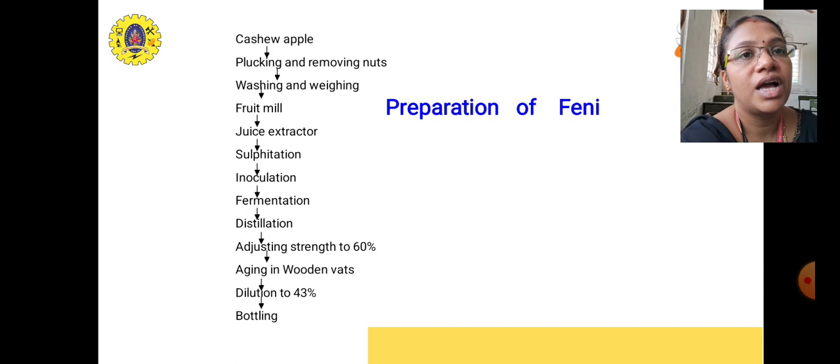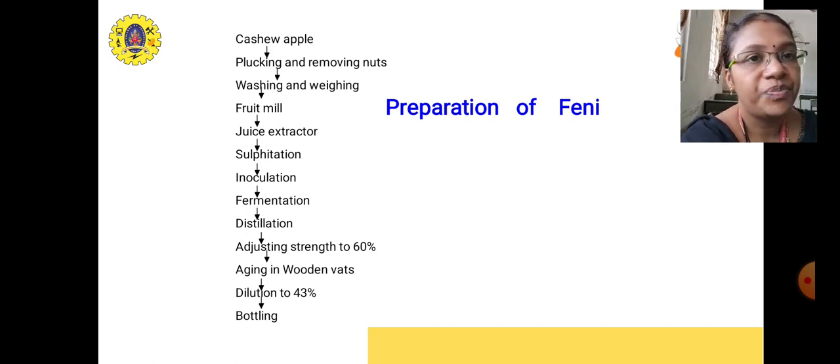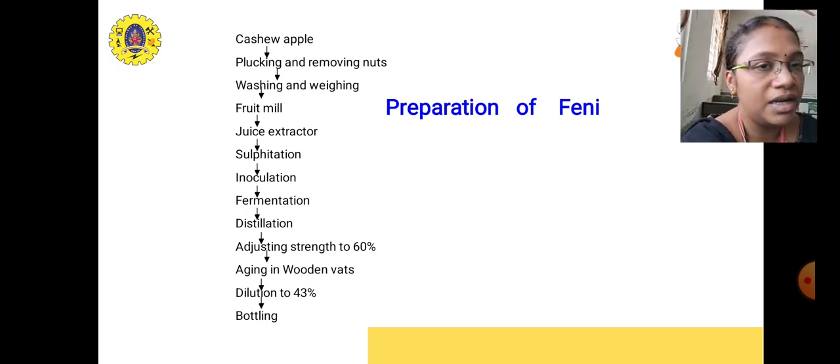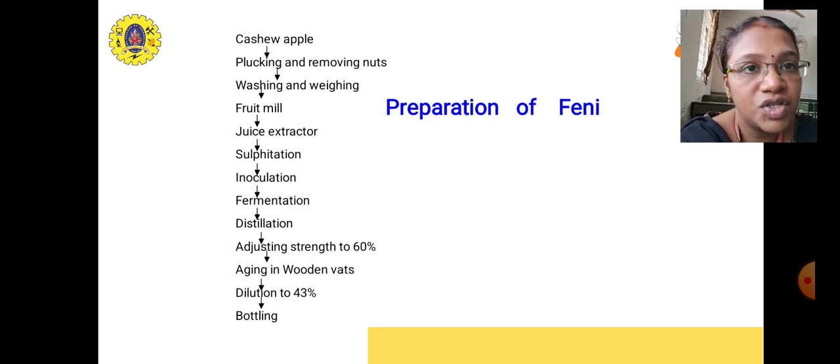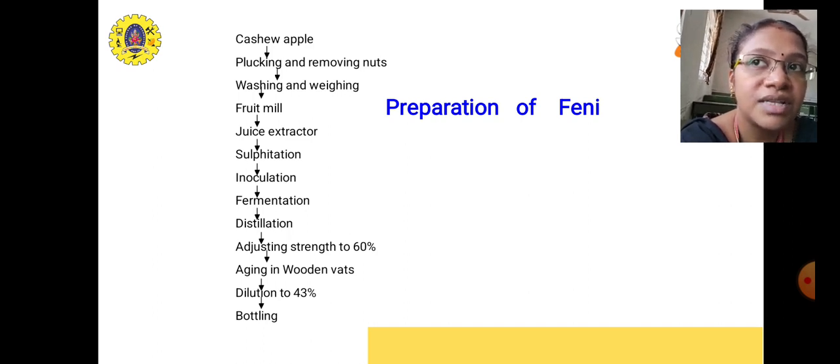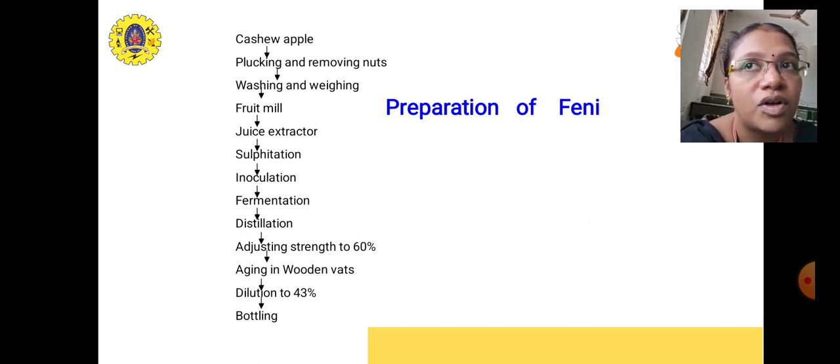We put the cashew apple in the fruit mill and extract the juice alone. Then sulfitation is done, which is adding some compounds for the enrichment of nutrients.